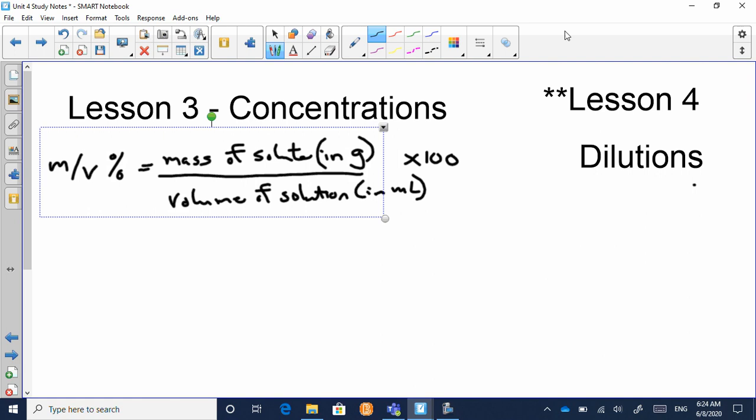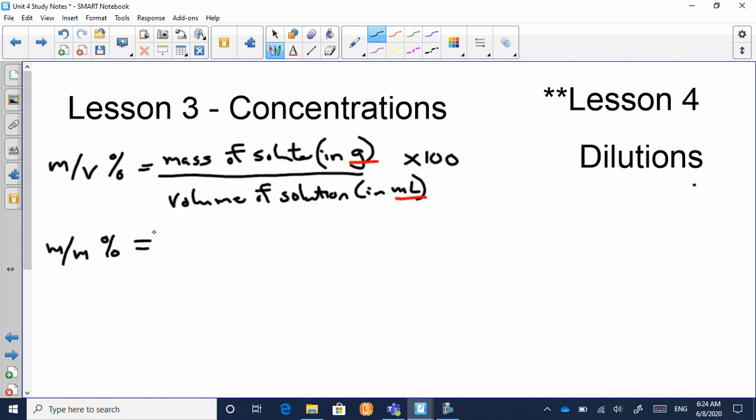Okay, so again, this was the first one we did. There's an example of it in your notes, but remember, I want to emphasize here that you use grams and you use milliliters.